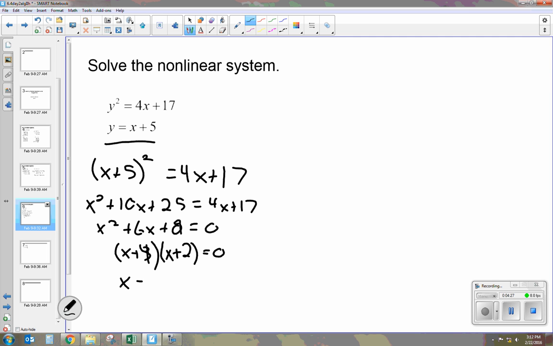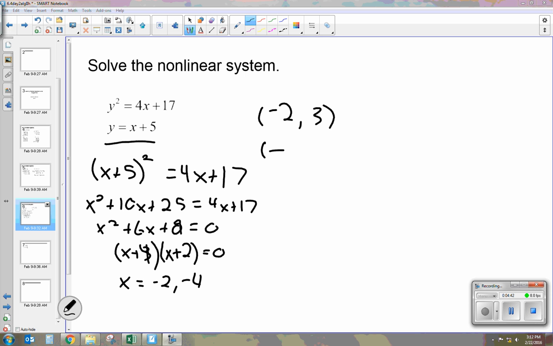So x equals -2 and -4. Now we need to find our corresponding y values. So if we plug -2 back in, we get 3. So we have the point -2, 3. And if we plug in -4, we get 1. So these are our two solutions.